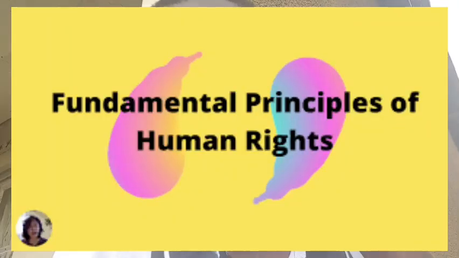Characteristics, you can call them characteristics, you can call them principles that govern human rights. Now, in this, we have a lot of principles, but I'm going to mention 5. We are going to write by 5.